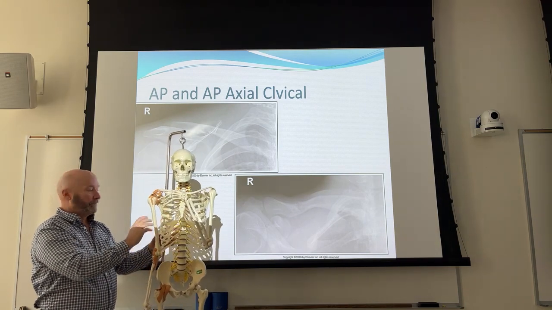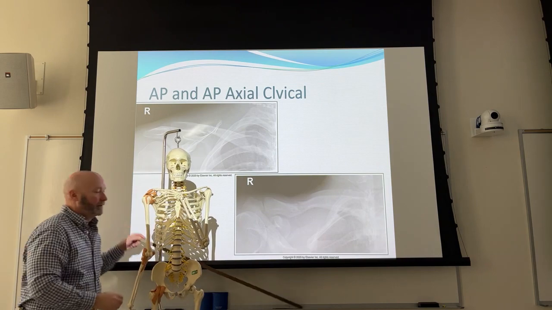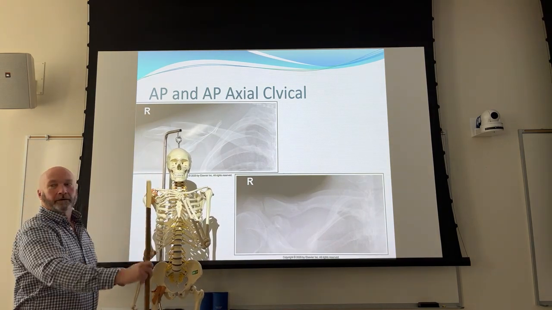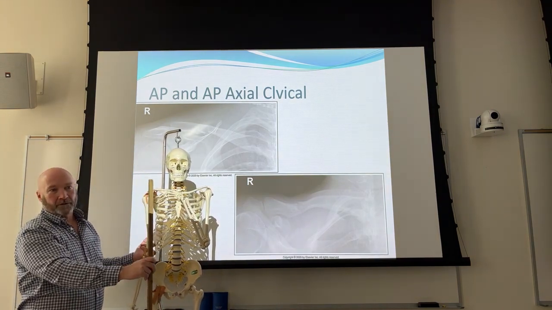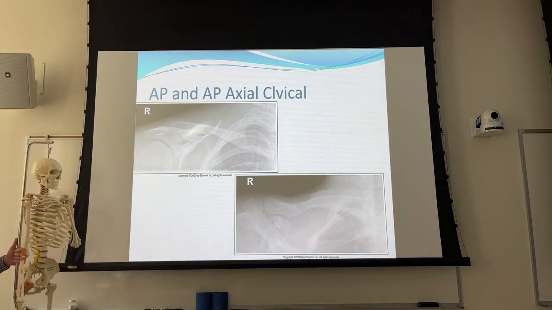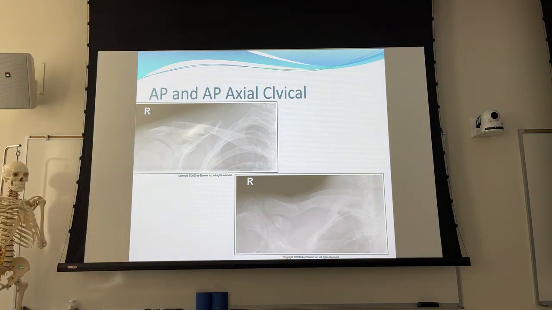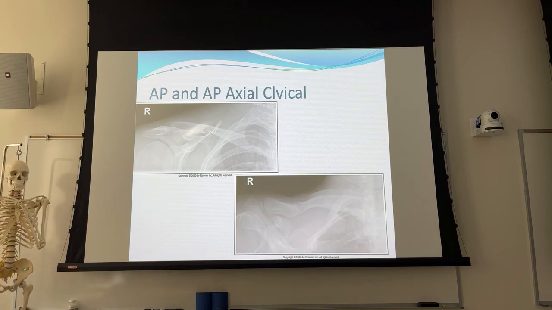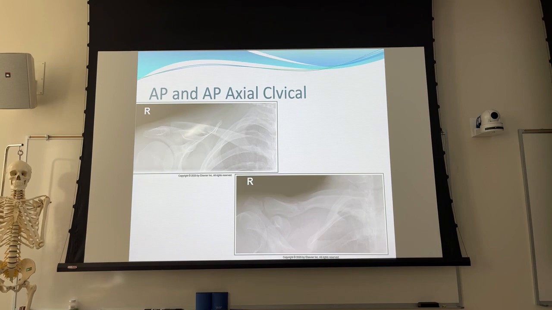Alternatively, 90 degrees from this would be here, right? You're still not going to see anything. So the clavicle kind of breaks that rule of two views 90 degrees from each other. Because of the anatomy, we just can't get that.